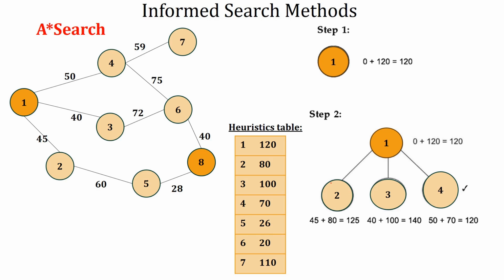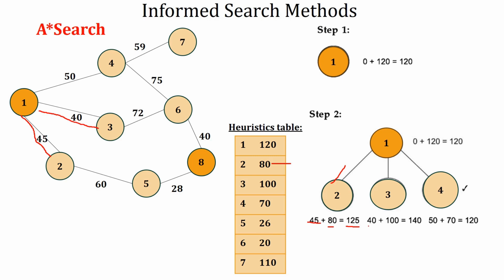Considering node 2, from 1 if you want to reach node 2, the cost is 45. So, 45 plus the heuristic of 2, which is 80, is 125. Likewise, for node 3, from the source node to reach node 3, the cost is 40.